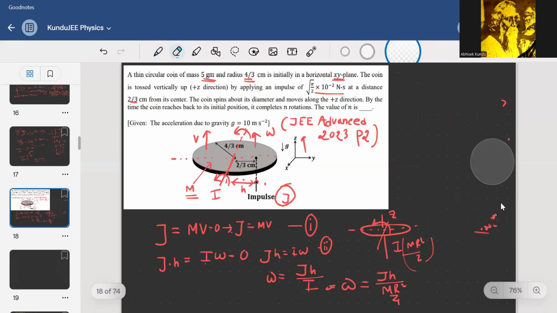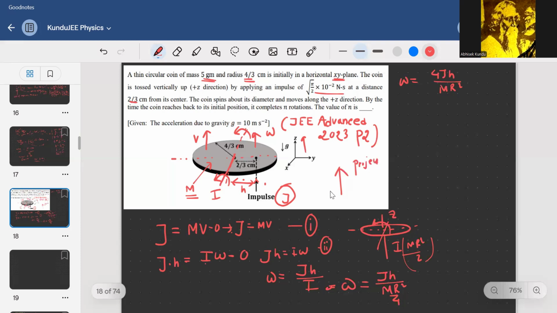Now we'll try to solve the problem here. So we have found out omega, that is 4jh by m r square. Now, how much time will it stay in the air? That means it is a problem of projectile motion in the vertical direction.